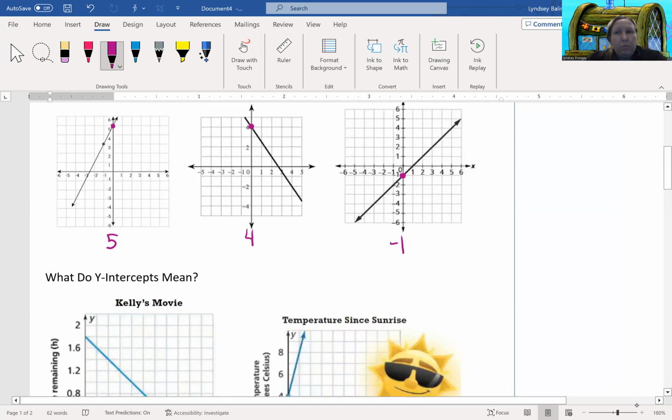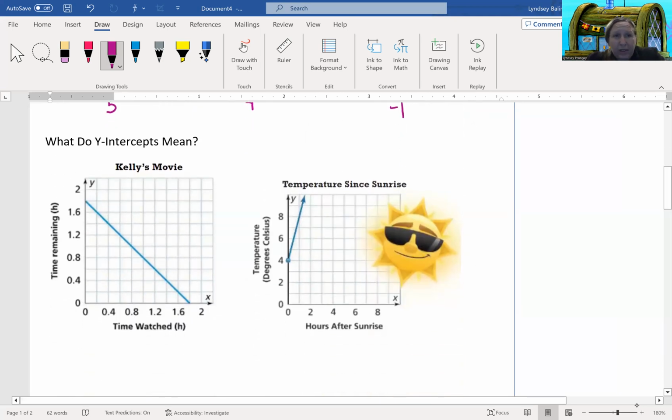What's a little bit tougher is what do those Y-intercepts mean when you're talking about some real life situations? Here in this first graph, it's showing Kelly's movie. Our x-axis is the time watched in hours, and the y-axis is the time remaining in hours.